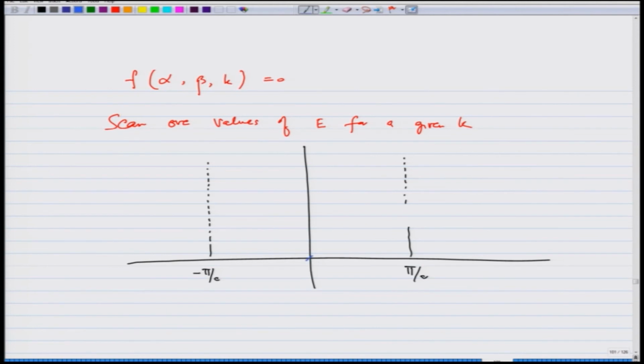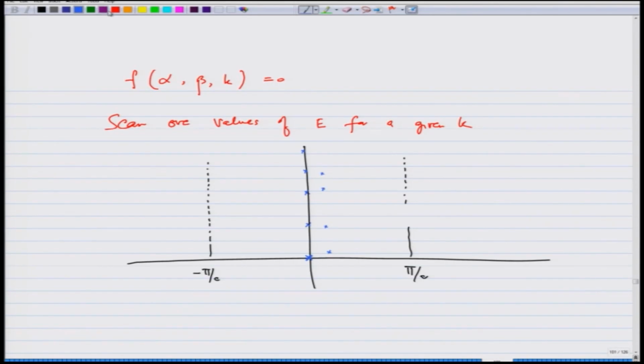So, suppose I do it for k equals 0, I will get one value here, one value here, one value here, one value here. I do it for another k nearby, I will get a value here, a value here, a value here, and so on.